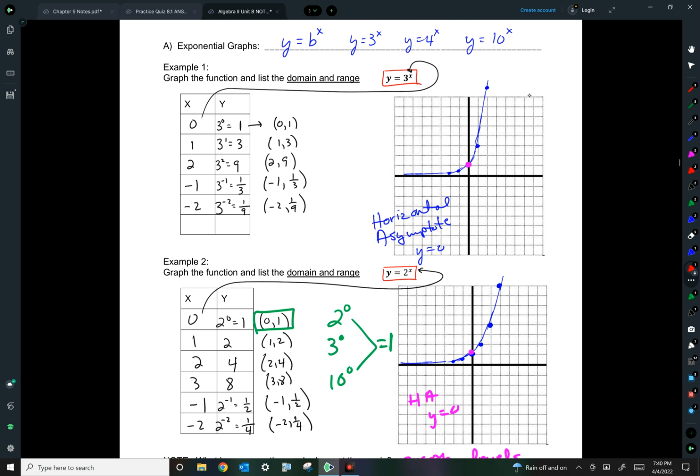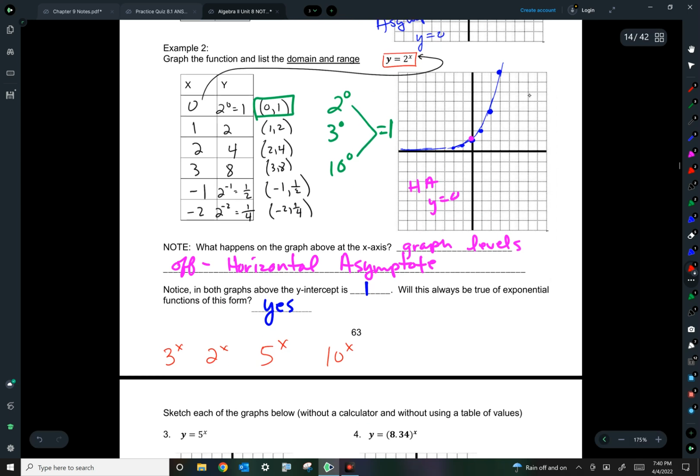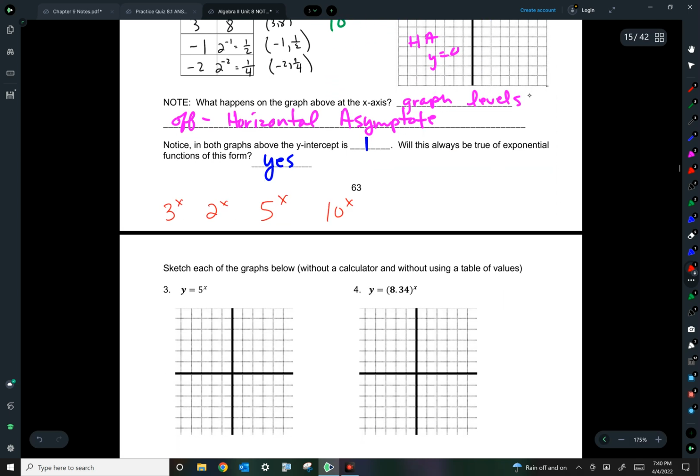In other words, it goes through the y-axis at 1, and it levels off at the x-axis, and it has that same shape. So on this one, 5 to the x, it goes through the y-intercept of 1. Over on the left side, it levels off at the x-axis, and then it shoots up. Okay? Number 4, well, that looks weird. Does it matter if it's a decimal? Not at all. If I have some number to the x, I know it has a y-intercept of 1.